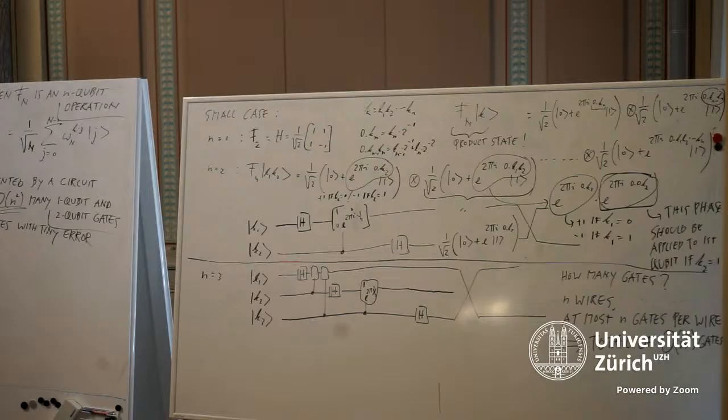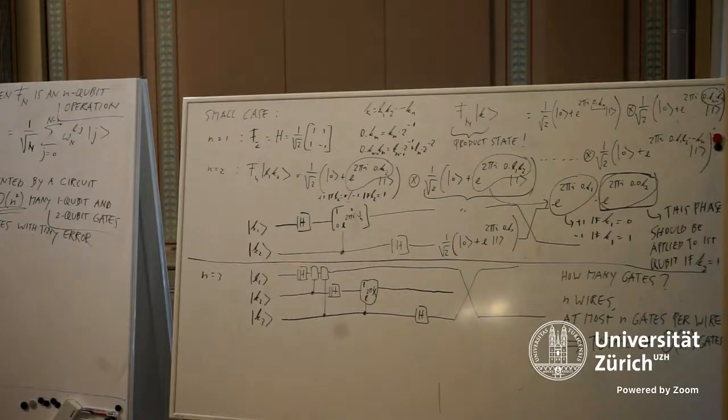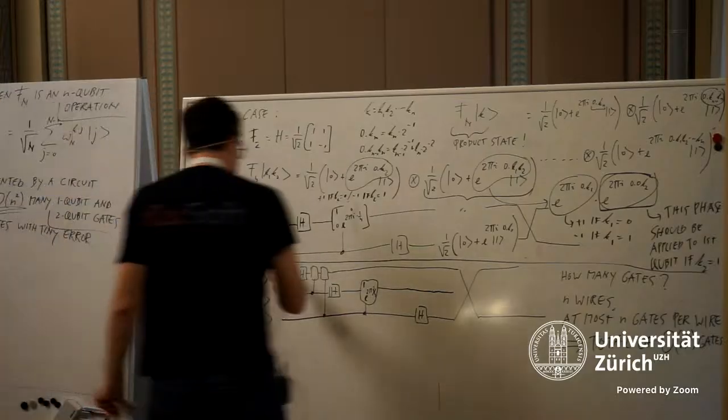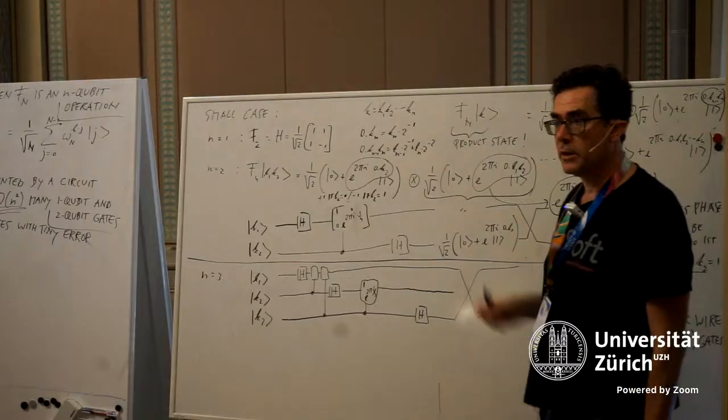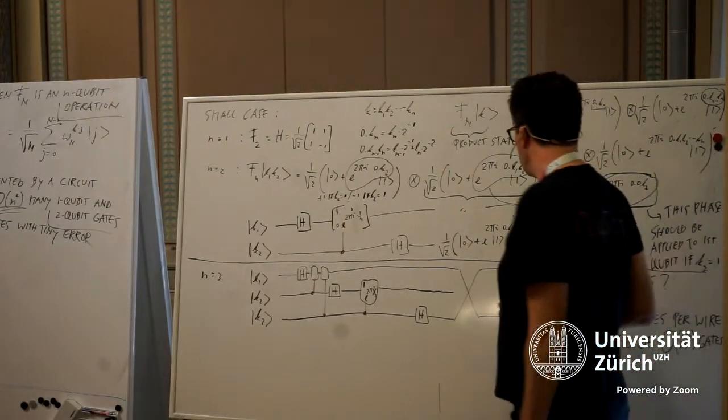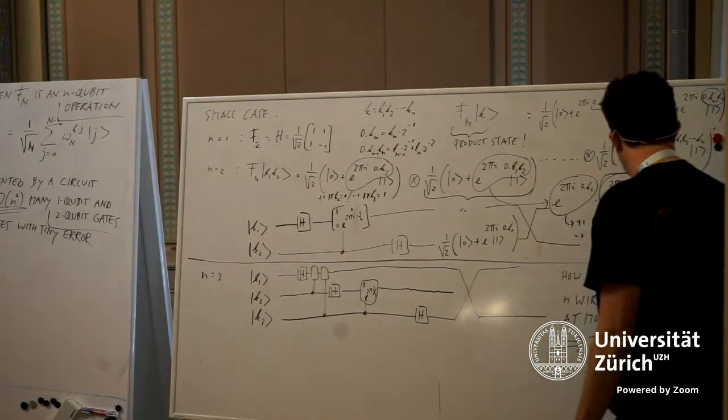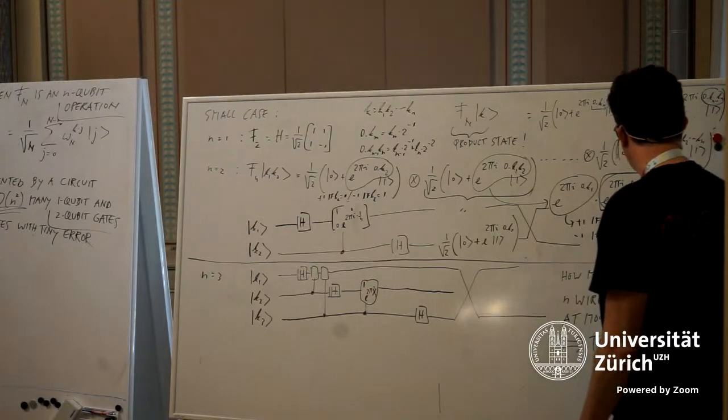There's also the claim that I wrote here, which is that if you want to allow a tiny bit of approximation error, you could even get away with using only about n log n gates. The reason is that the gates applied on a wire are finer and finer rotations. Something like this looks like 0.0 and then a bit.